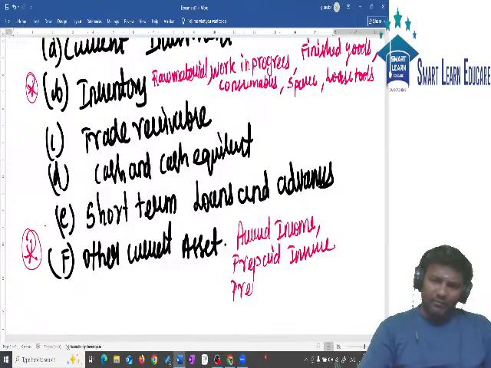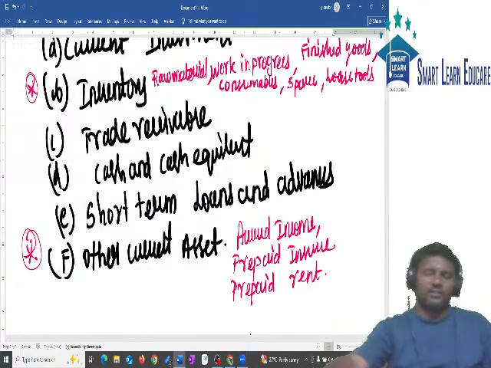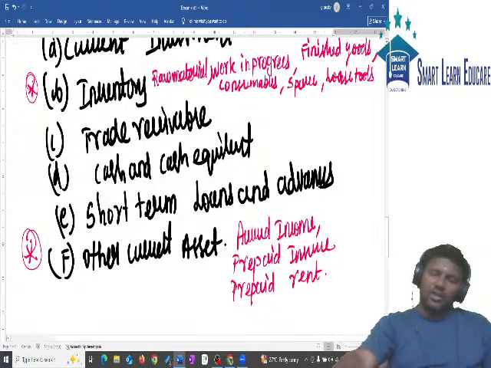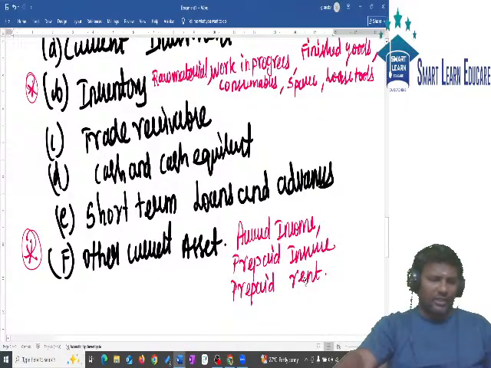Prepaid rent will come under other current asset. Calls in arrears, not calls in arrears, calls in advance we have already written. Calls in arrears we will show by subtracting from called up capital. Paid up capital is equal to called up capital minus calls in arrears.